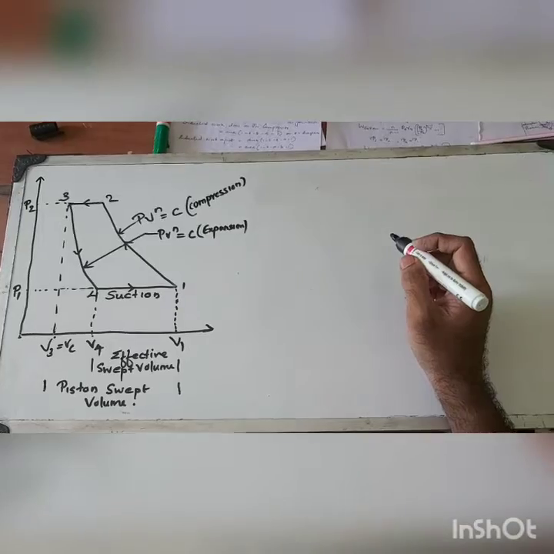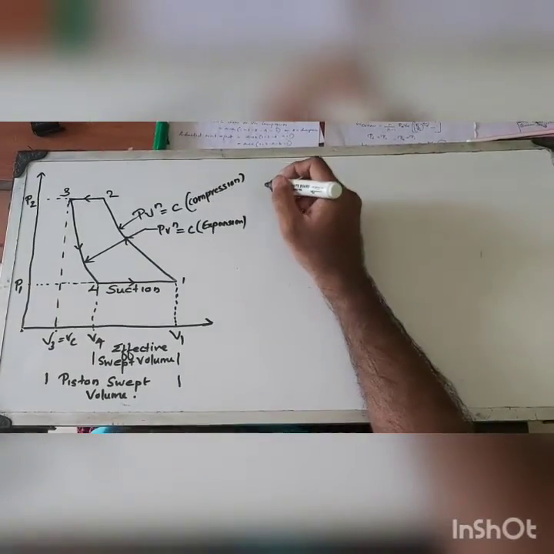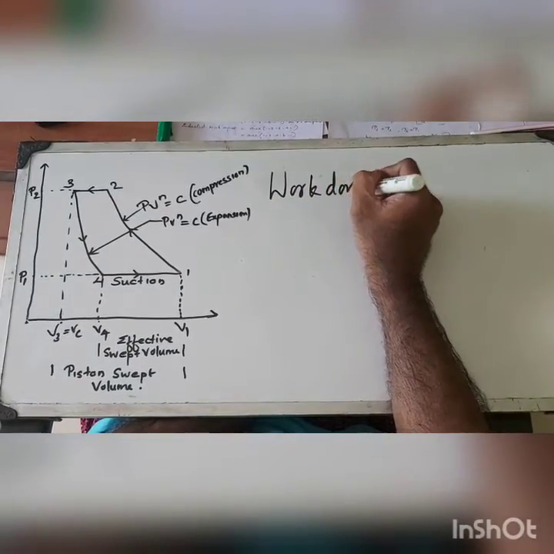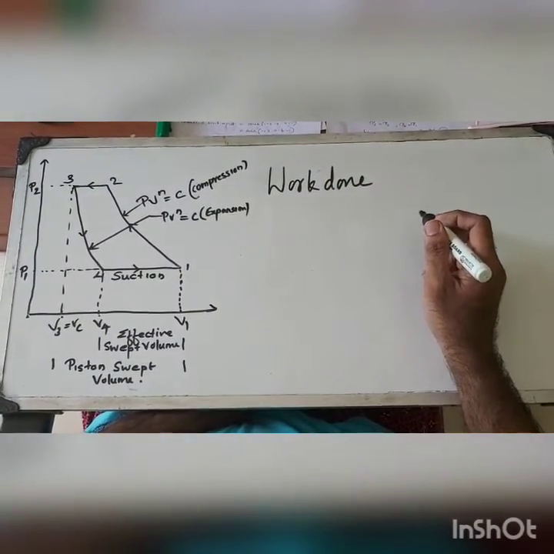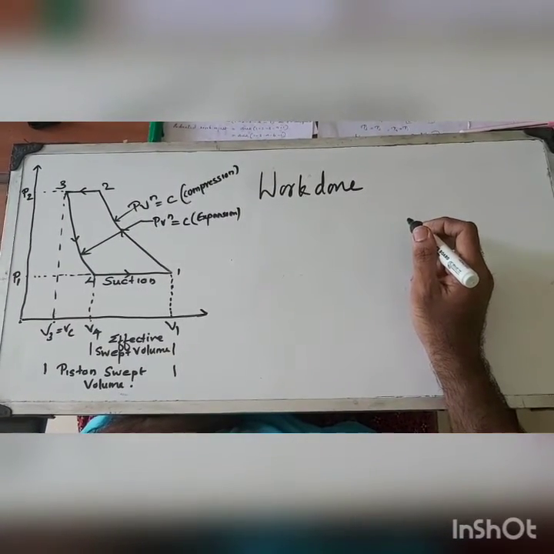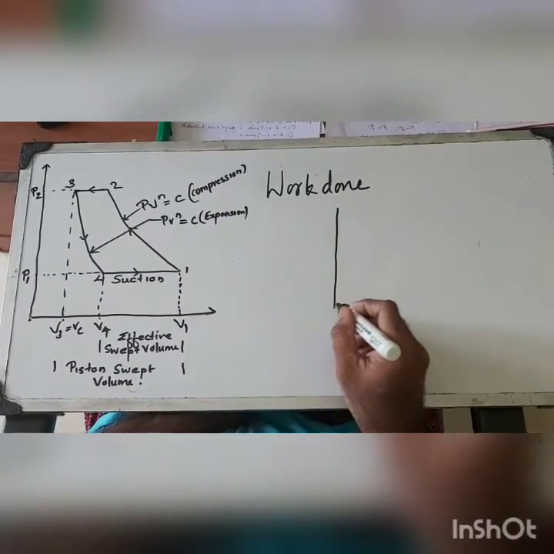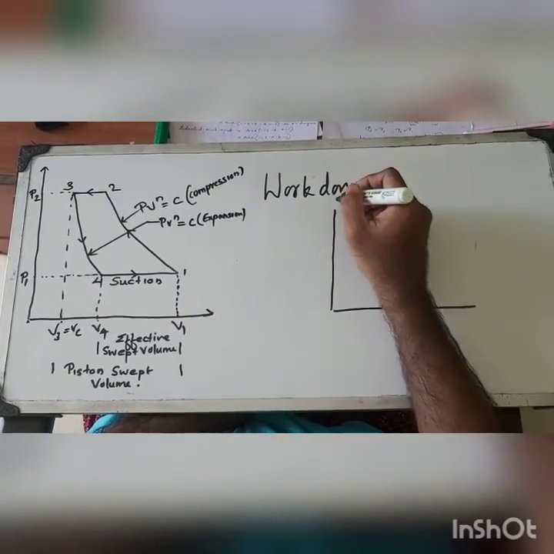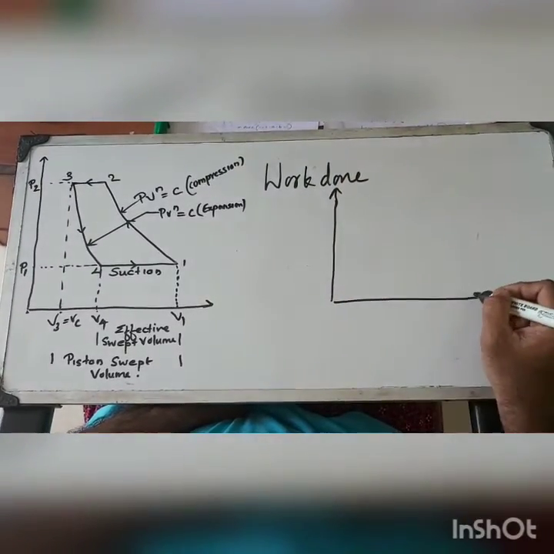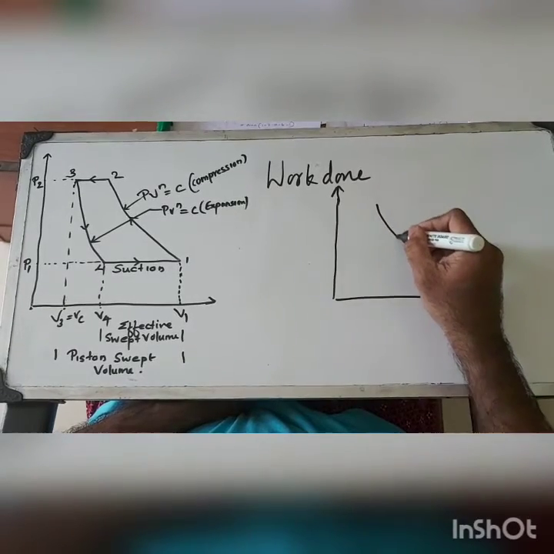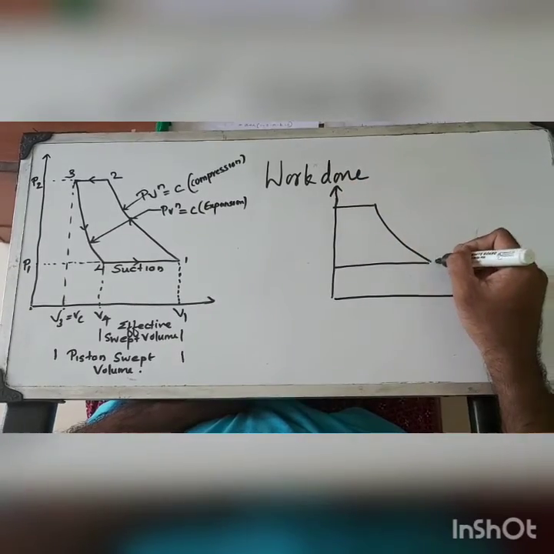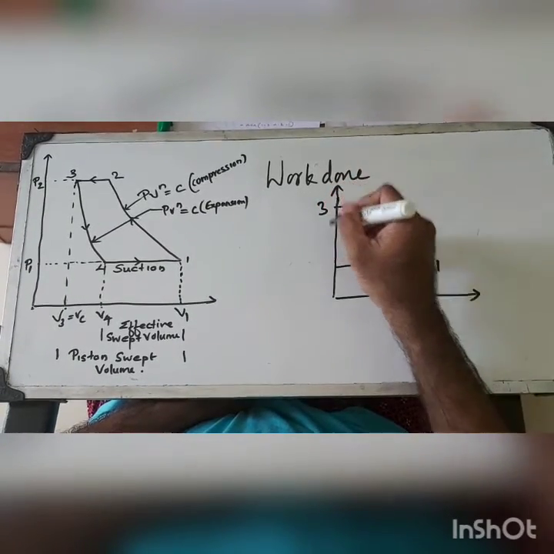Okay, so now we are going to derive the expression for work done. Before going to the expression, let us compare the two diagrams. The earlier diagram of the reciprocating compressor was like this: 1, 2, 3, 4.